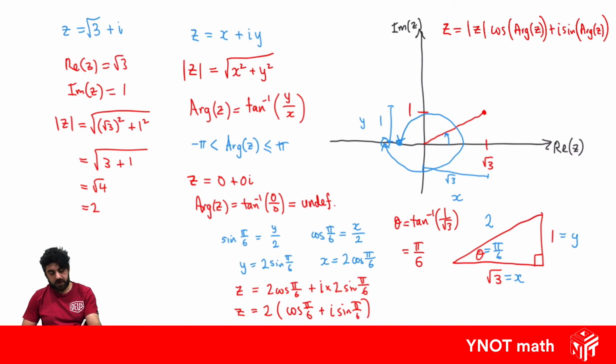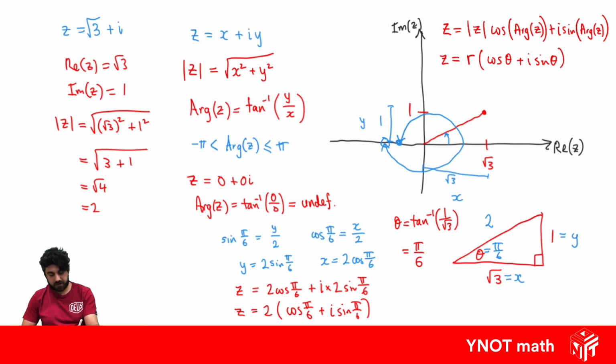And the way we usually write this is that we just say z equals, we call the modulus r, and we just say r times (cos of some angle theta plus I times sine of that same angle theta). And there's a shortcut to write it.